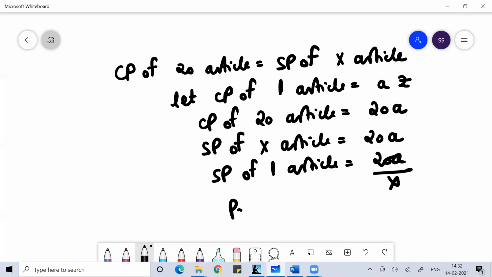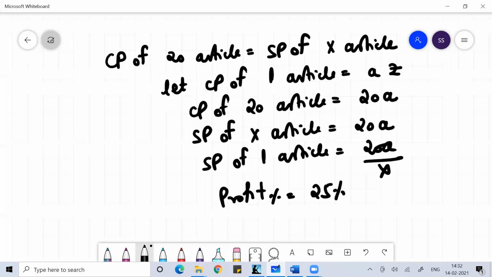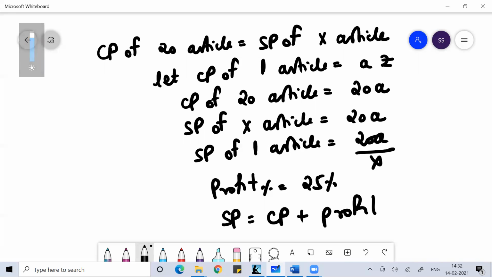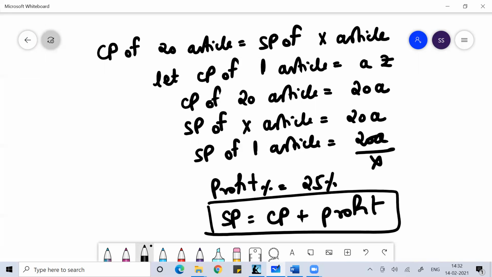You know that the profit percentage is equal to 25%. If you know the basics, your selling price is equal to cost price plus profit, and profit percentage is always calculated on cost price.